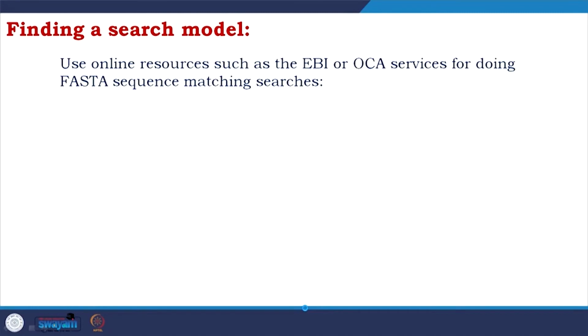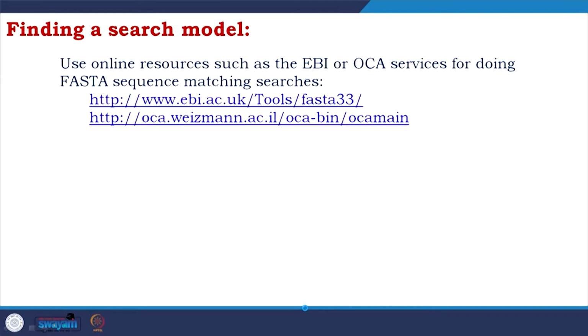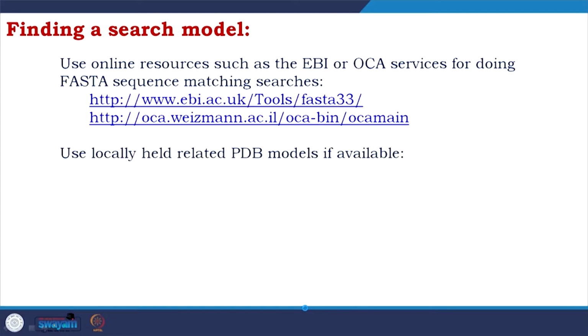So, first we have to find a search model. There are online resources such as the EBI or OCA services for doing faster sequence matching searches. I have given the link. You could also use locally held related PDB models if available.